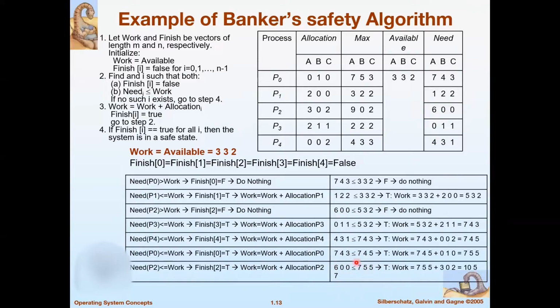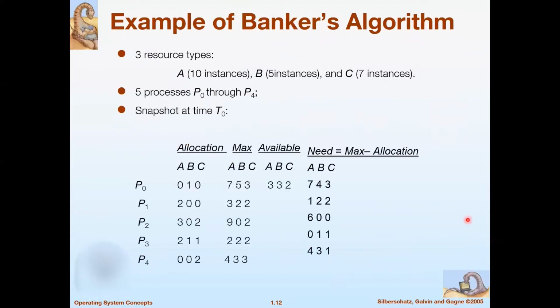That is, P2 is completed, making finish[2] equal to true, and work will be modified and become 755 plus the allocation of P2, which is 302, equal to 1057, and it is quite natural that it is the same as the maximum number of resources in the system.